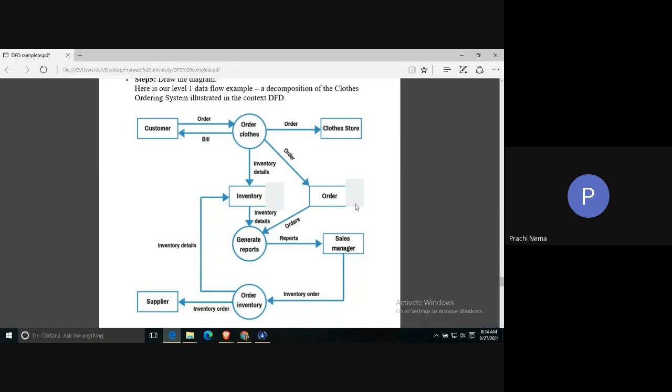It can differ a little bit, but mostly the standard notation is using two parallel lines. So the two data repositories here included are inventory, where all the stock will be there, and order. Order will keep the information about all the orders that are being placed and delivered, dispatched, everything. Okay, so two repositories, four entities, and three processes it has.